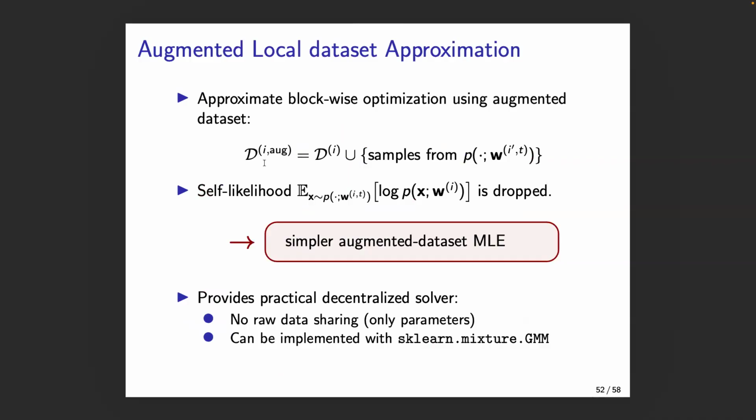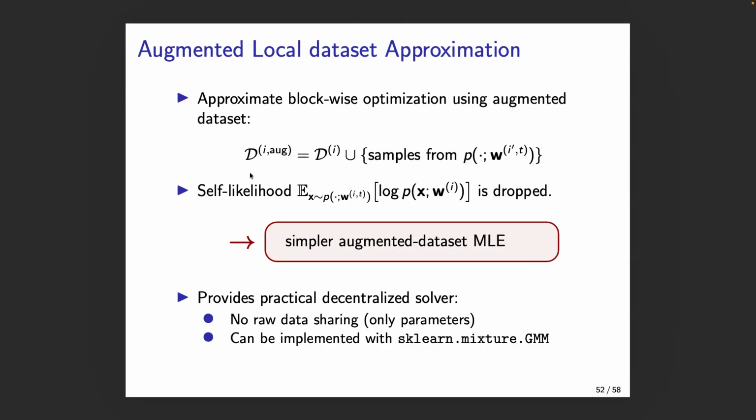Then we can use any high-level library, for example scikit-learn, which has a GMM function, and just fit this augmented data set to find the solution. This is much simpler than implementing it with gradient descent.